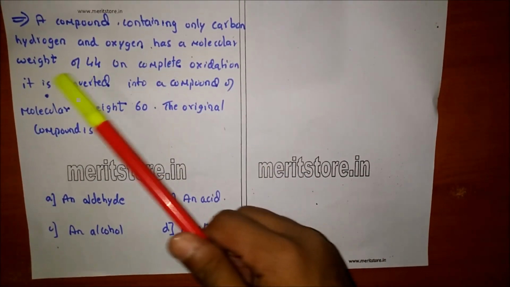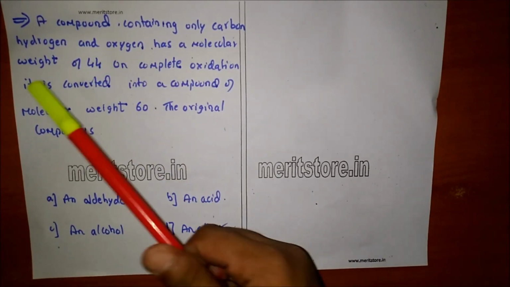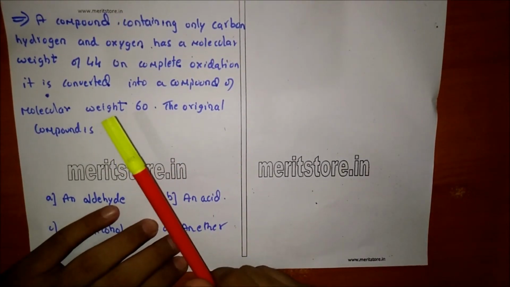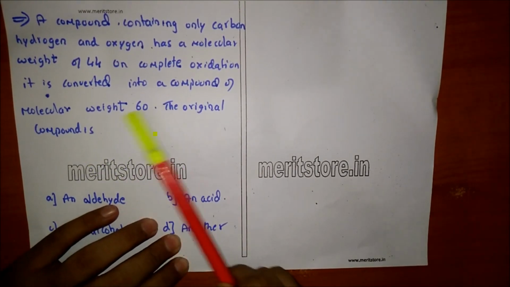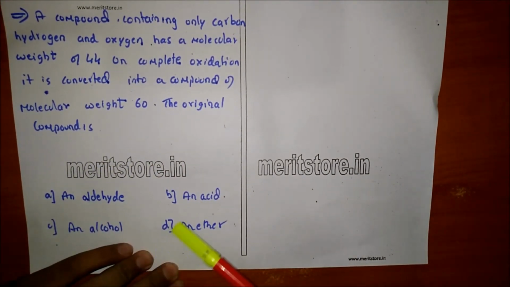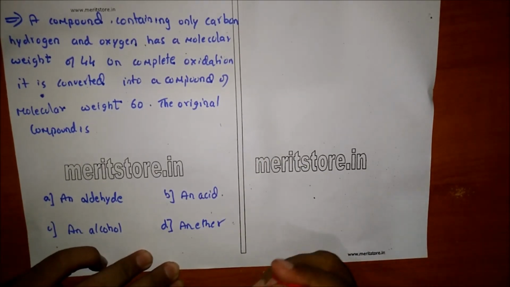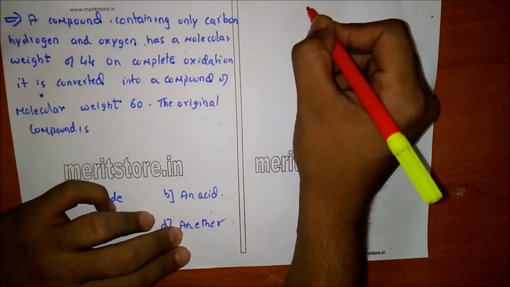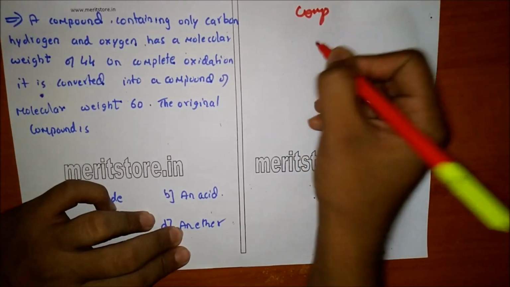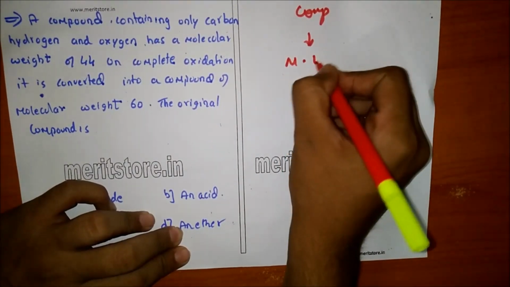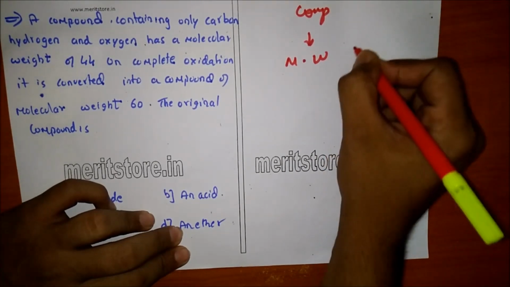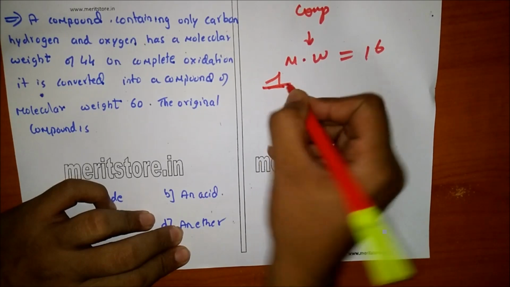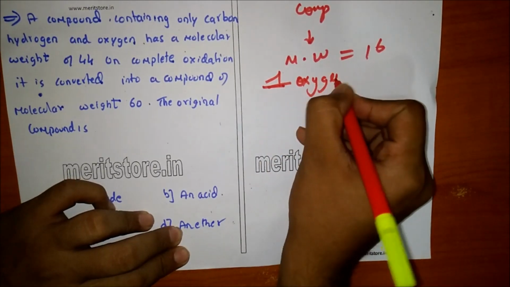A compound containing only carbon, hydrogen and oxygen has a molecular weight of 44. On complete oxidation, it is converted into a compound of molecular weight 60. The original compound is A, an aldehyde, B, an acid, C, an alcohol, and D, an ether. Now, on complete oxidation, the obtained compound shows an increment in the molecular weight of only 16. Therefore, it means only one oxygen atom is added here.